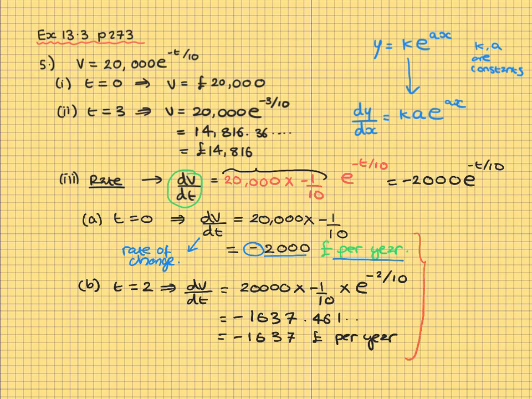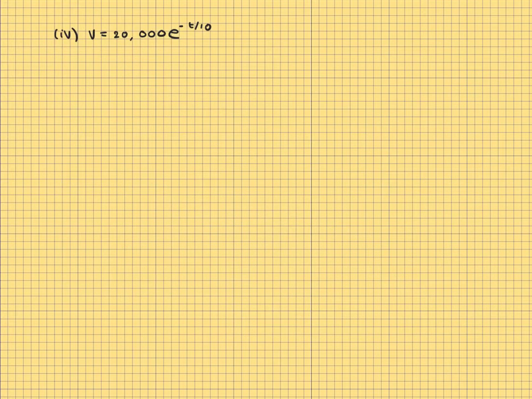So really, I think in part A, we need to say it's falling by £2,000 per year, and in part B, I think we need to say that it's falling by £1,637 per year. We don't need to include the negative because it's implicit by our use of the word falling in both cases.